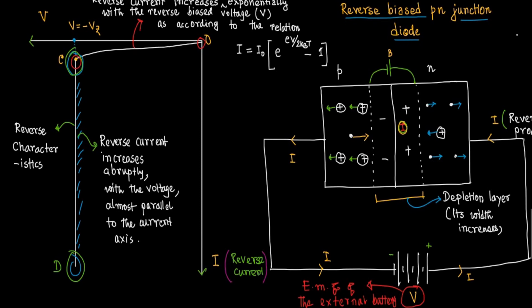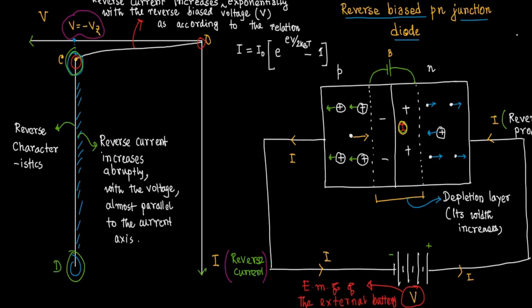And in this case, voltage V is equal to minus Vz. This is the Zener voltage, beyond which reverse current increases abruptly with the voltage, almost parallel to the current axis.